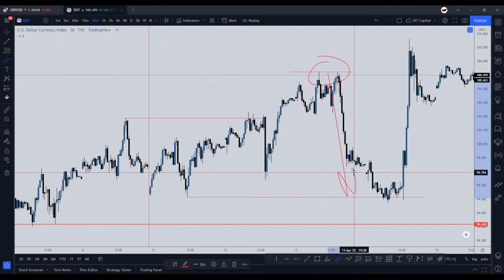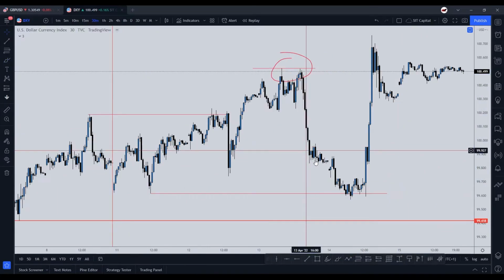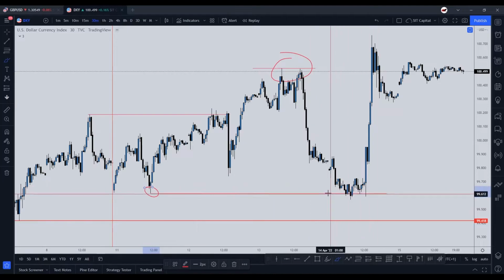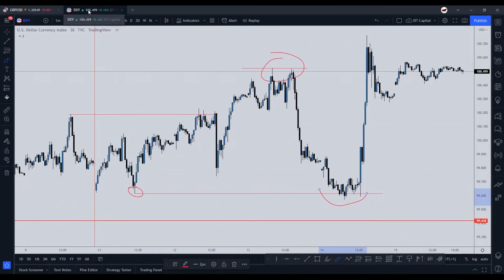But the DXY itself, as you can see, at midday 30 had a huge jump. But as we were mentioning, the price just rejected 150 into the lows from Monday. And we know there's a high possibility that this can hold due to how strong the dollar has been.